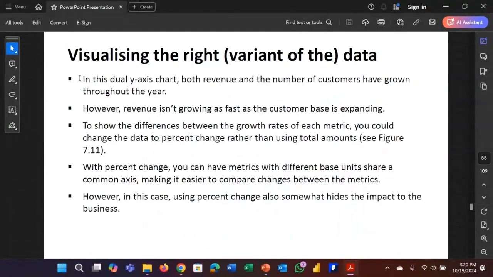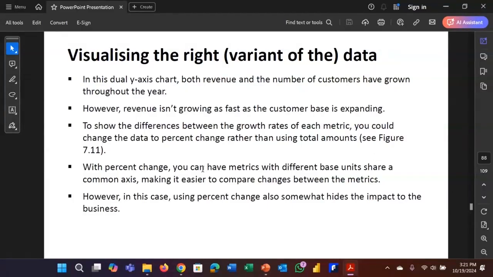So here, in this dual y-axis chart, both revenue and the number of customers have grown throughout the year. However, revenue isn't growing as fast as the customer base is expanding, right? To show the difference between the growth rate of each metric, you could change the data to percentage change rather than using a total amount.